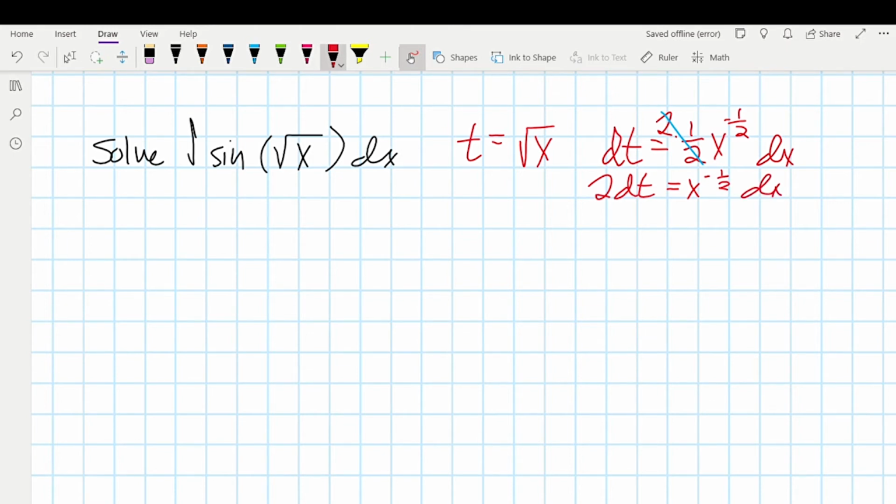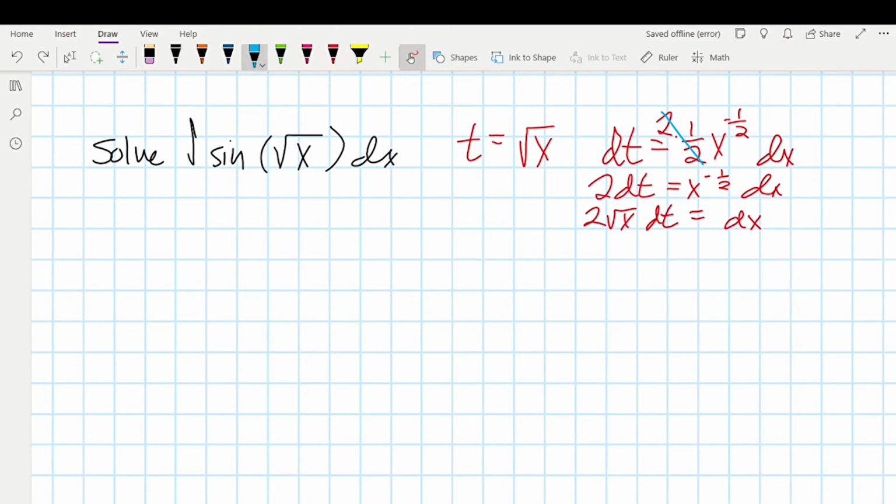And I know I can't leave this x over here, so I'm going to move it to the other side, which will make the exponent positive. So I have 2 square root of x dt equals dx. So this negative 1/2 basically tells us that it's negative square root of x, and when you move it to the other side it becomes positive square root of x.